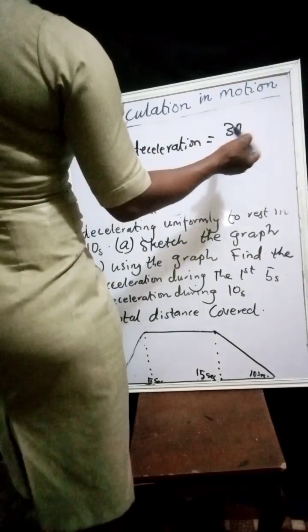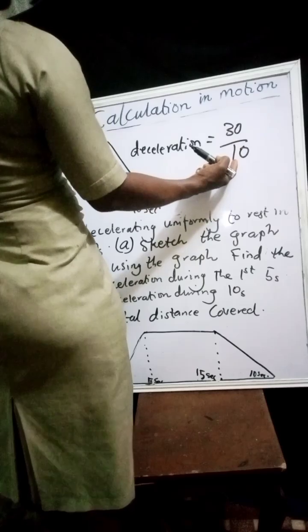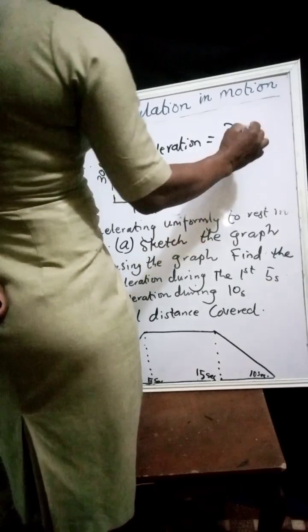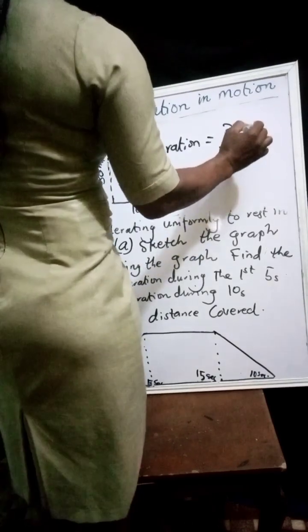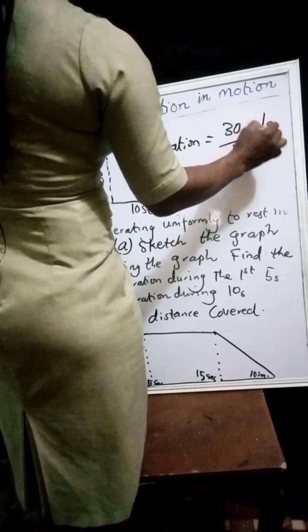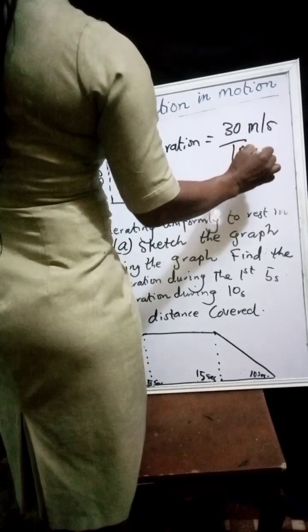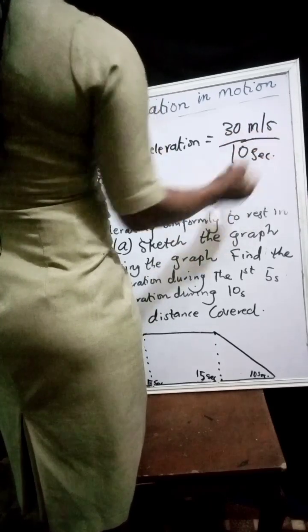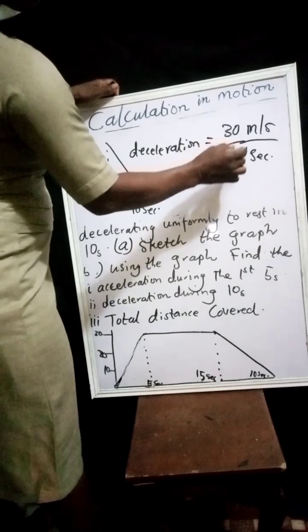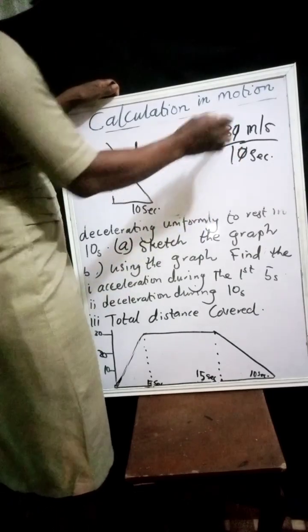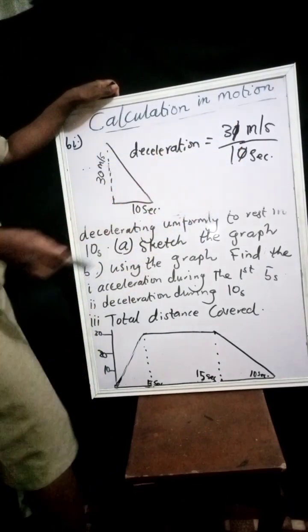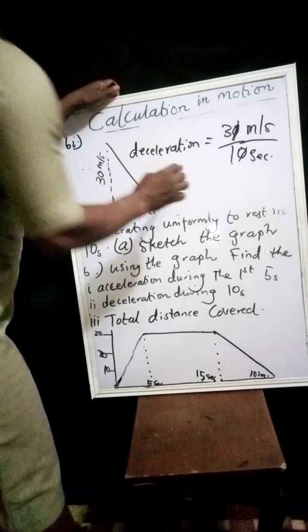In that case, we have 30 divided by 10 meters per second, which is 3, right? Now let's look at the units we have.